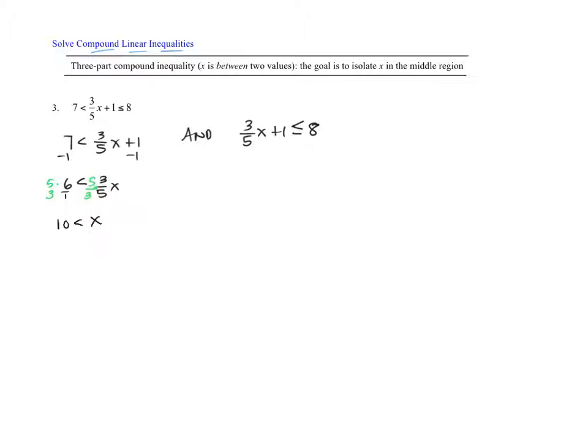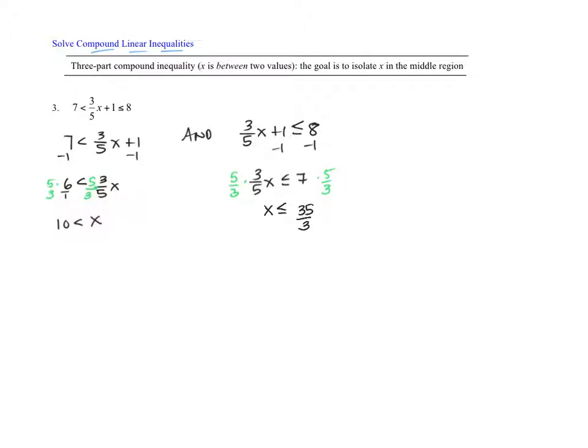And now we can solve this other one, so we would get 3/5 x is less than or equal to 7, and multiplying by the reciprocal on both sides would give me x is less than or equal to 35 thirds.